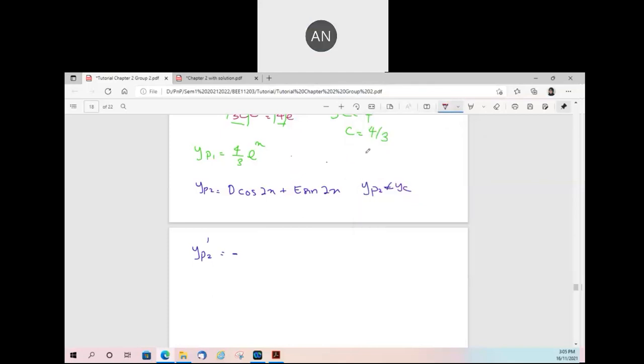Kalau you ada cos x, kalau you differentiate, it will be negative sin x.